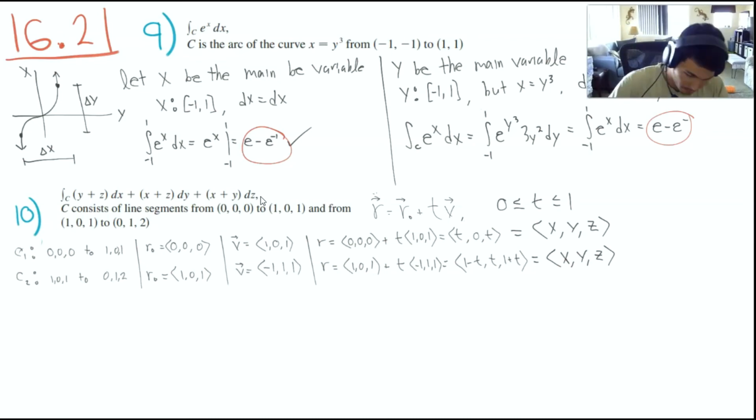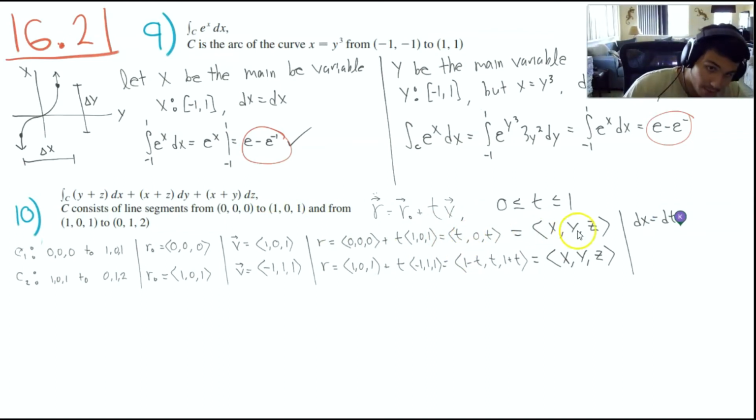But before we do that, let's find our differentials. If x is t, dx is dt. If y is 0, dy is equal to 0. If z is t, then dz is equal to dt.